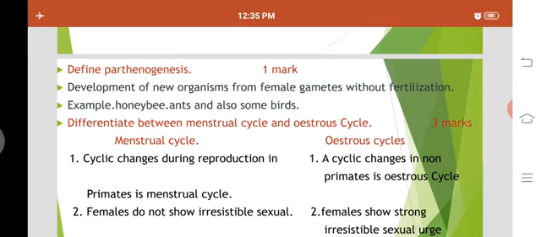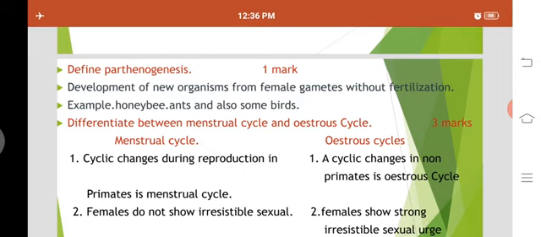Fertilization is also called syngamy, which is nothing but the fusion of both male and female gametes.